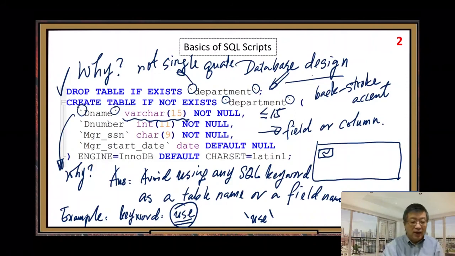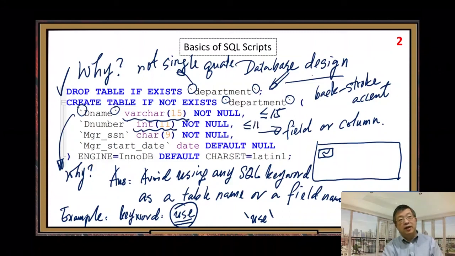Then the second one, integer, INT, parenthesis 11. You use an integer for this field with up to 11 digits, less than or equal to 11 digits.